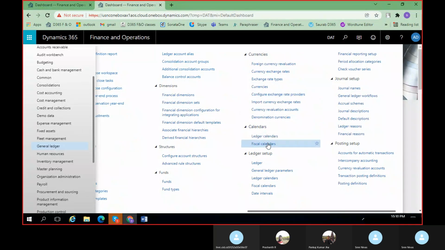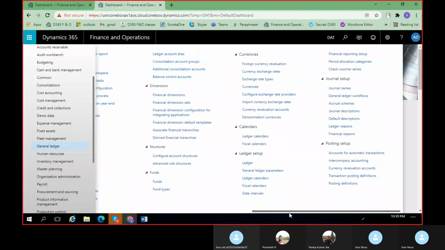And calendars, yes, already we have discussed. And the ledger setup. Under this ledger setup, two common topics will be there: ledger and fiscal. The same under calendars or under ledger setup, this will remain the same. And the most important is ledger calendar, general ledger parameters.